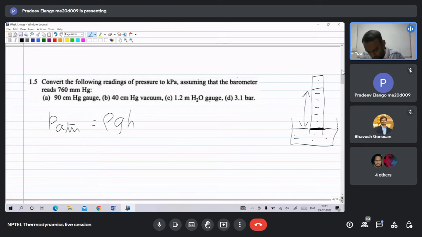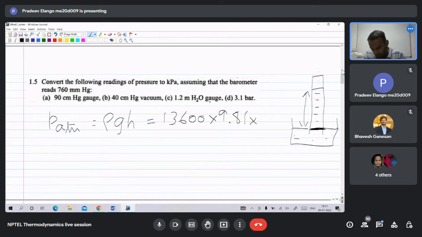So now we have P atm, or atmospheric pressure, to be rho g h, and rho for mercury is 13,600, and acceleration due to gravity we can take as 9.81 unless otherwise stated, and then we have h to be 760 mm. So we need to have all units in SI units.